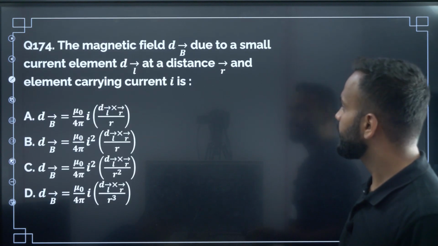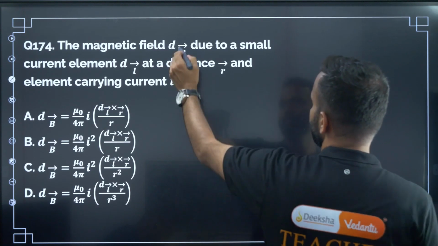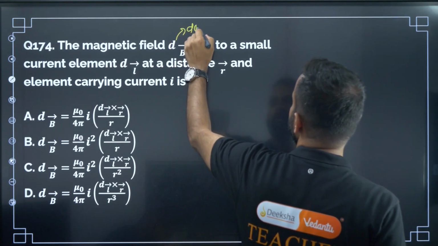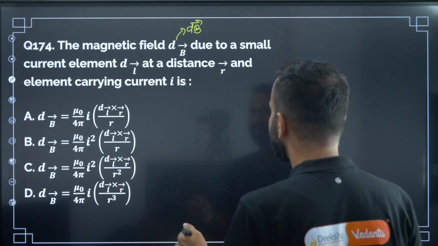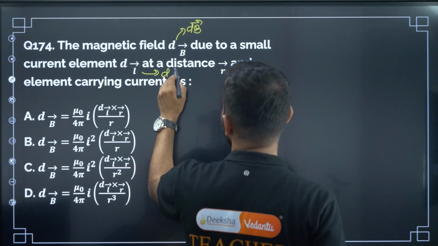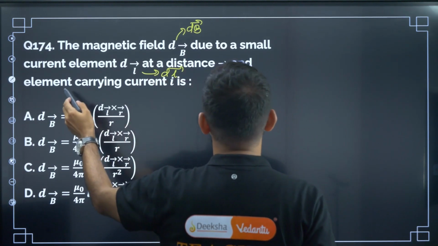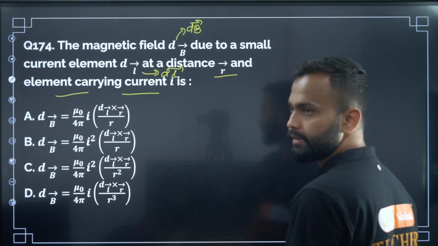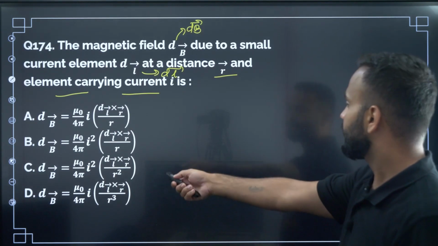Next question, 174. The magnetic field dB vector due to a small current element dl vector at a distance r vector, and the element carrying current is. We need to find the correct equation.